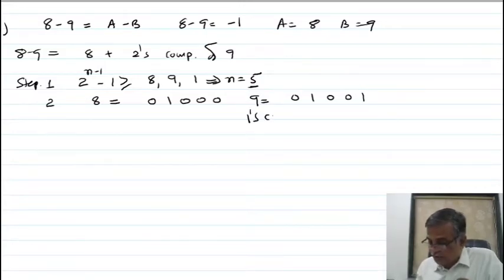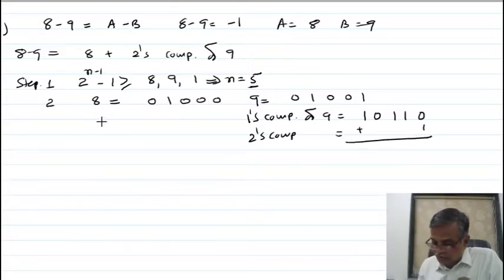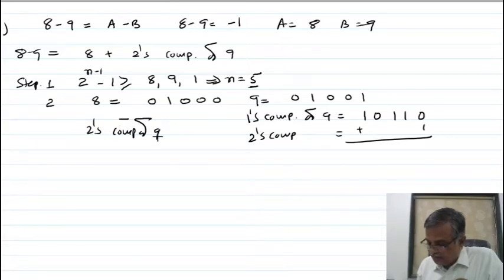First complement of this 9 is 1, 0, 1, 1, 0. The 2's complement is nothing but adding plus 1 here. So the 2's complement of 9 is 1, 0, 1, 1, 1.